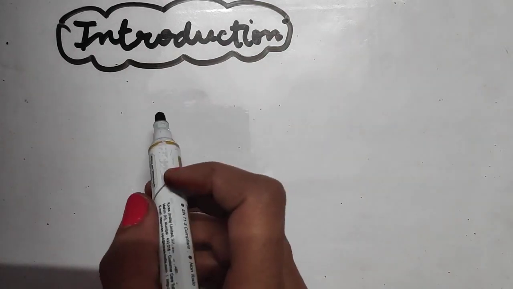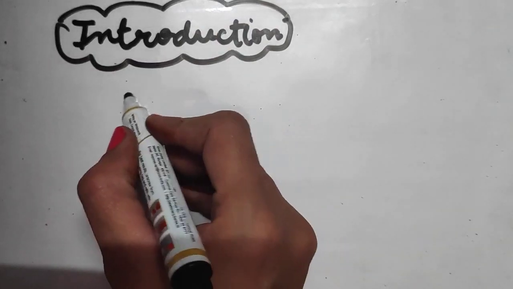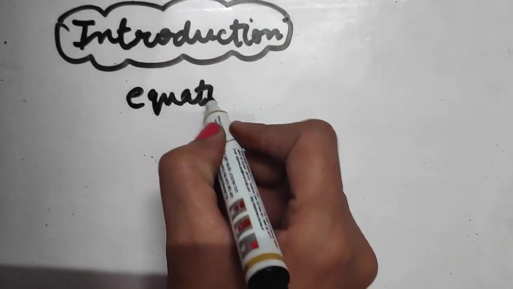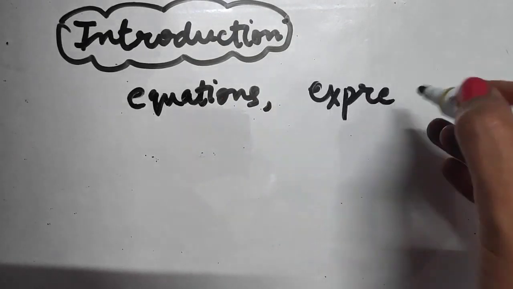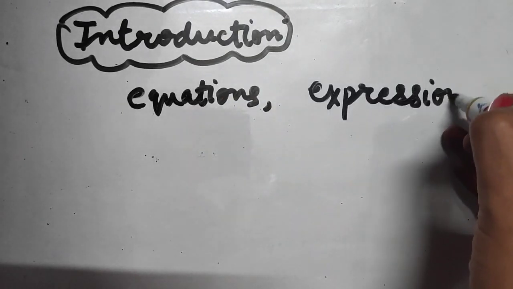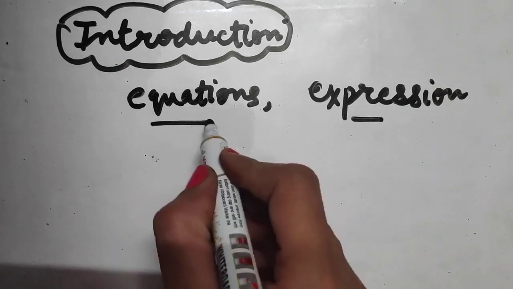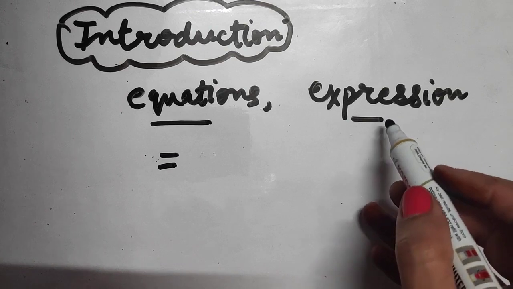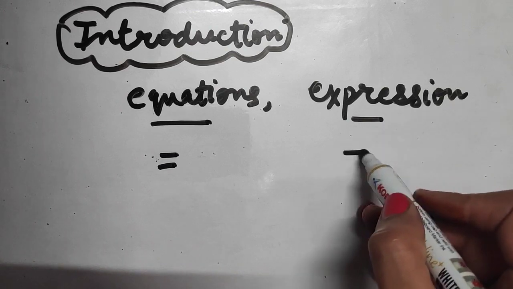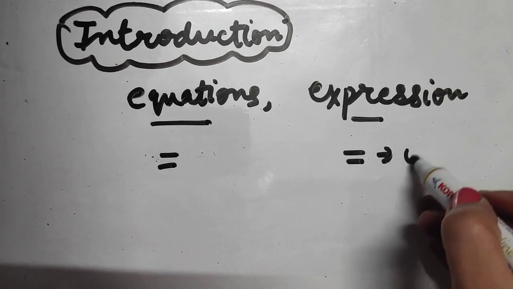So, the basic difference which we have learnt between the equations and expressions, which we need to deal with in this chapter: equations use the equality sign, whereas in expressions we do not use the equality sign.